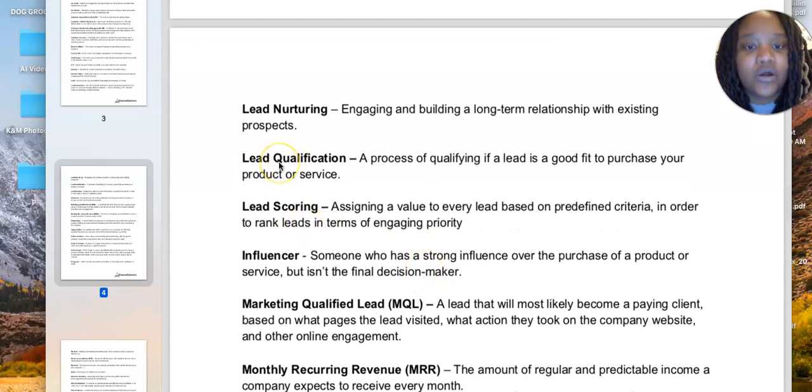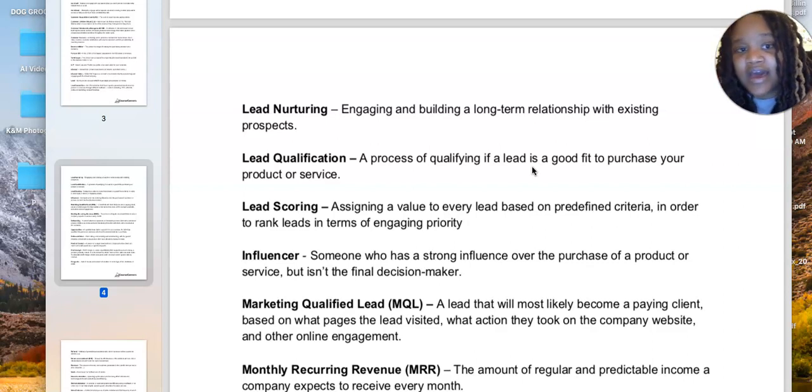Next, we have lead qualification. It's a process of qualifying if a lead is a good fit to purchase your product or service. So going back to my example, I work for a hosting company, and there are times where we get leads that do not qualify to move on to the next sales process.